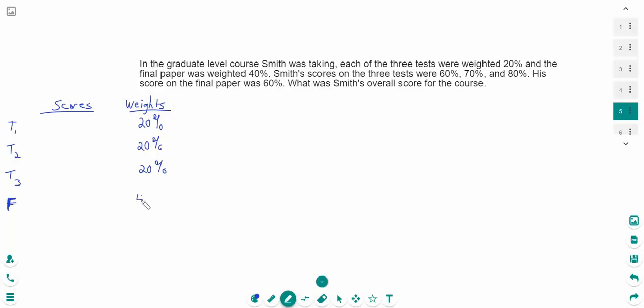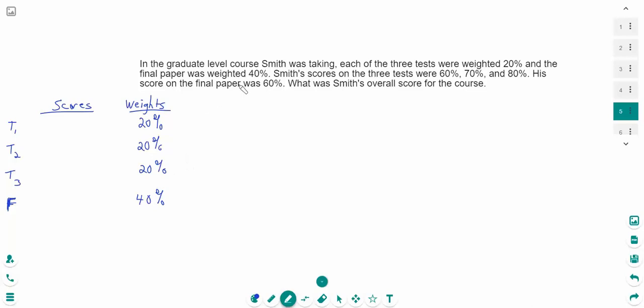By the way, if these are all the tests, these percentages better add up to 100%, meaning everything. We have 20 and 20 is 40, plus 20 is 60, plus another 40. They do add up to 100%. So these are all of the things that will go into giving Smith his grade.